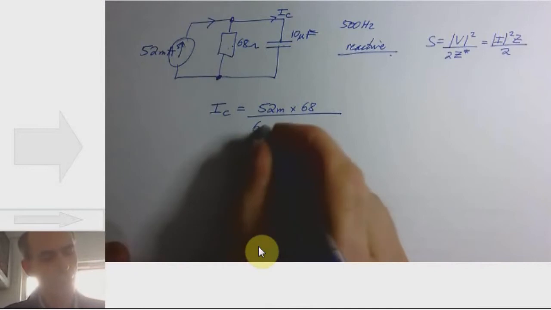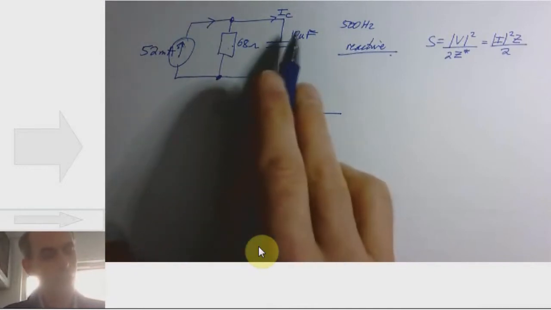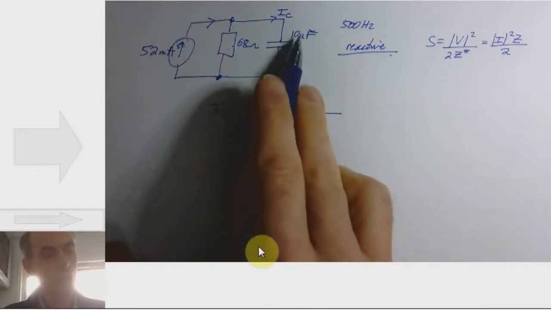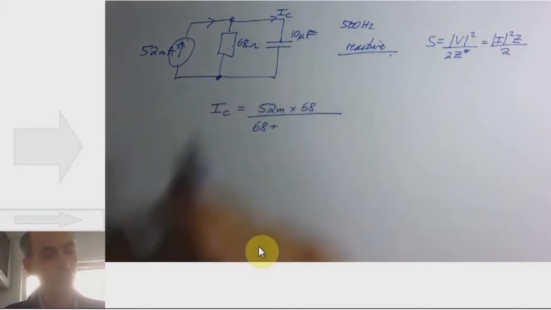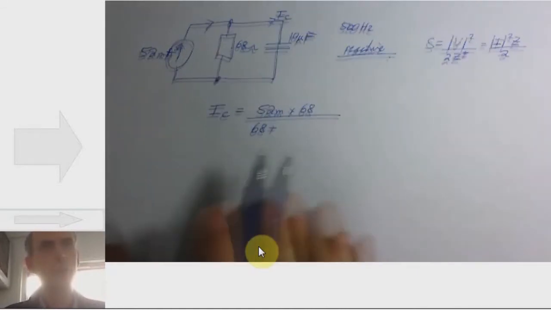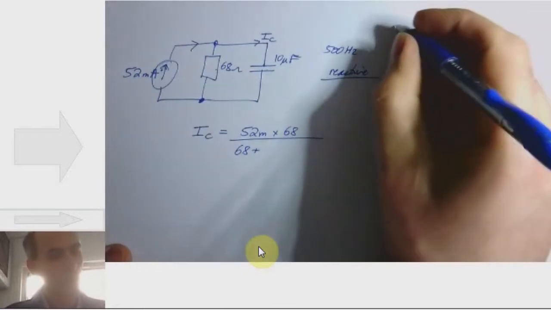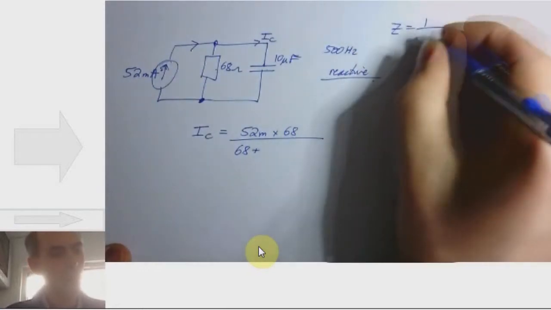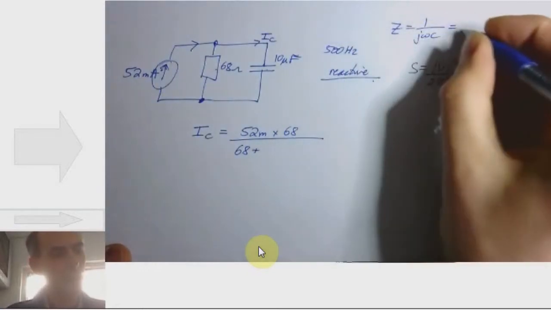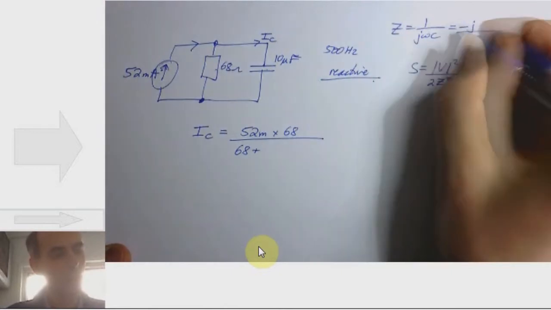So 68 ohms plus the complex impedance of this capacitor. We need to know that. Okay, complex impedance of a capacitor, 1 over j omega c, which is minus j over omega c.